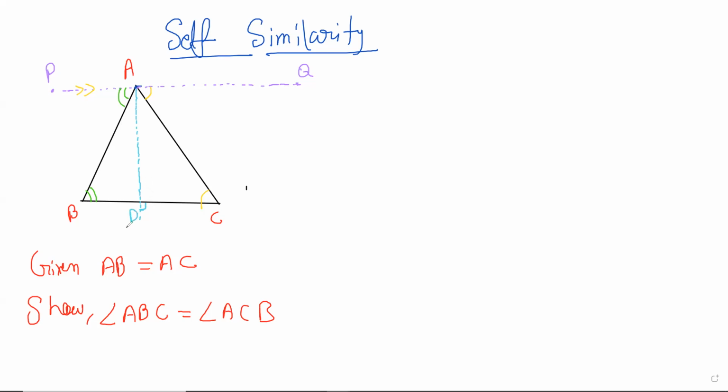Yeah, AD. The bottom BC is parallel to PQ. Okay, I understand what you're saying. Go on. Yes, the green angle.